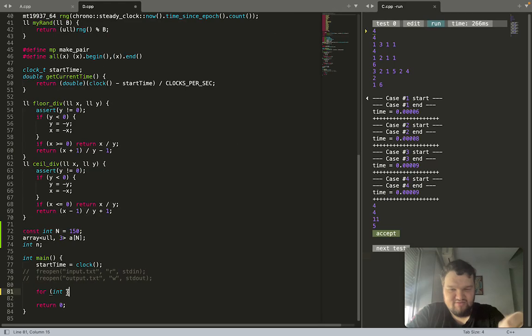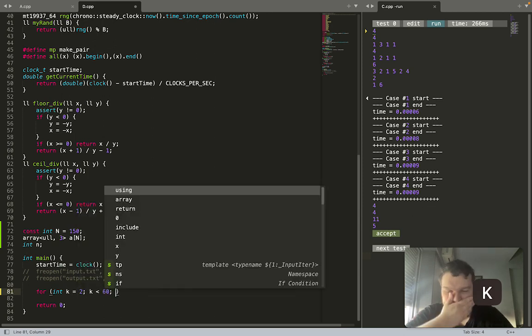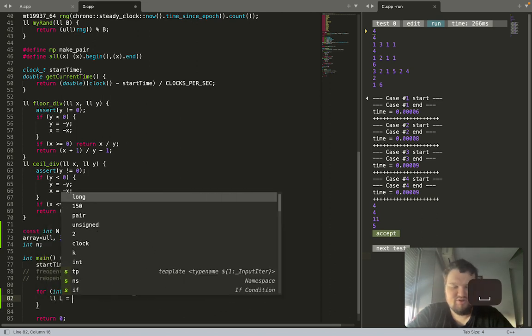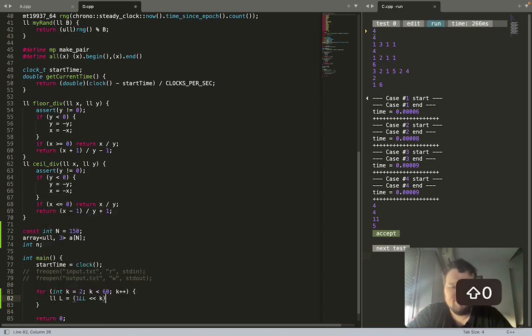We can iterate over the value of f of x from 2 up to 60. And so the left value is 2 to the power of k, the right value, not inclusive, is 2 to the power of k plus 1.